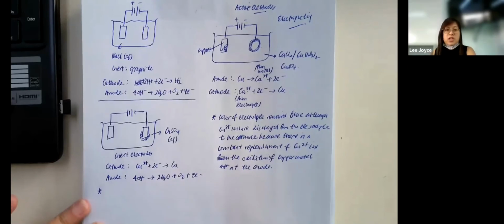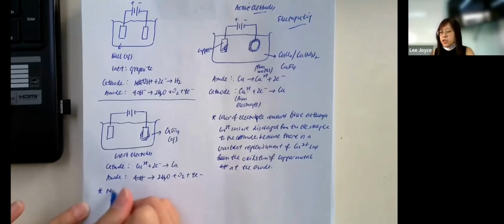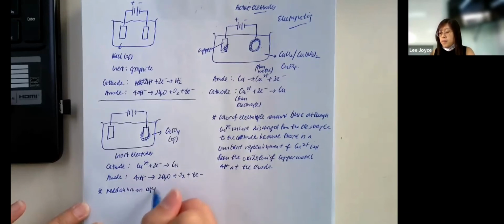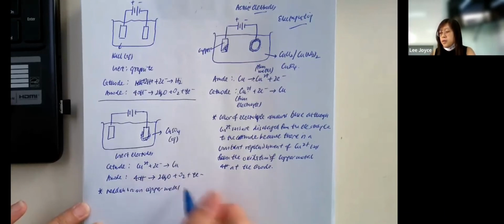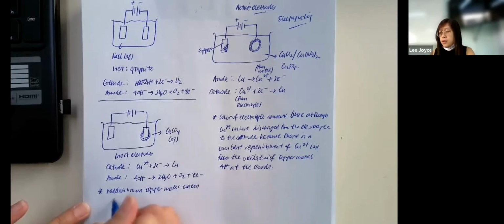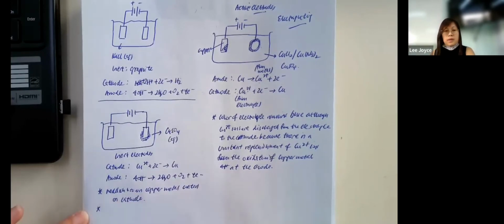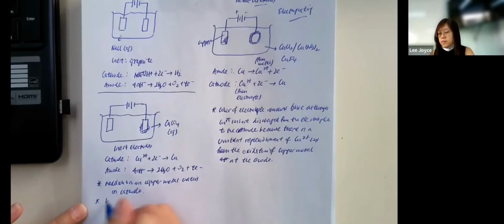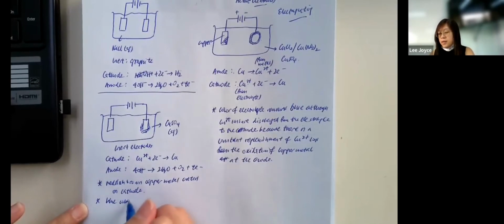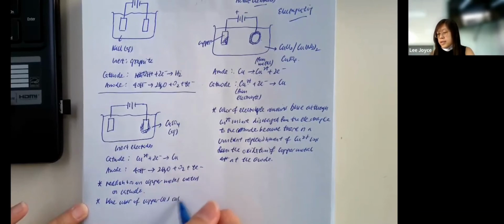So what are the implications? The implications is that you will see reddish brown copper metal coated on the cathode. The blue color of the copper 2 sulfate solution will get decolorized.